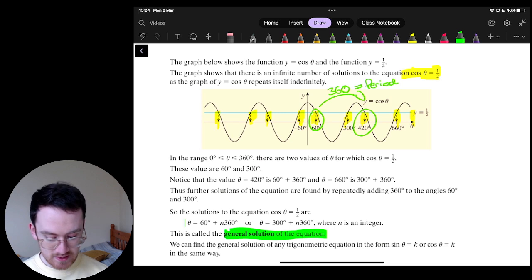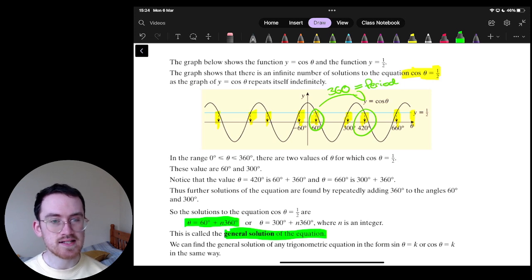Okay, so you can see the example here. Theta is equal to 60 degrees plus n 360, where n is an integer. And what we do is we let n be equal to 0 if we're looking at the first cycle, and n then indicates how many periods I want to add on. So if n is 1, I'm adding on 1 period.